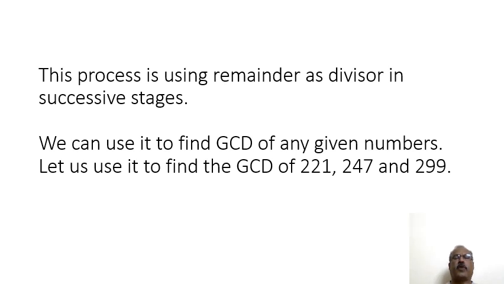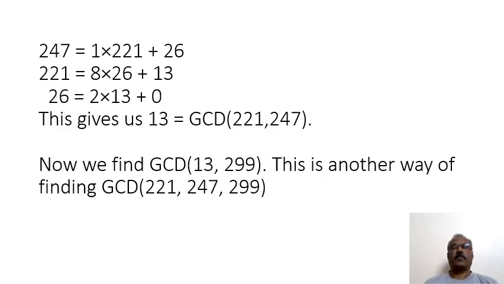Let us use it to find the GCD of 221, 247 and 299. In the first step, we divide 247 by 221 to get 247 equals 1 times 221 plus 26. Now we are going to divide 221 by 26. 221 equals 8 times 26 plus 13.